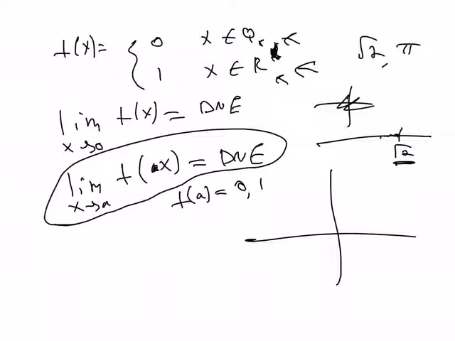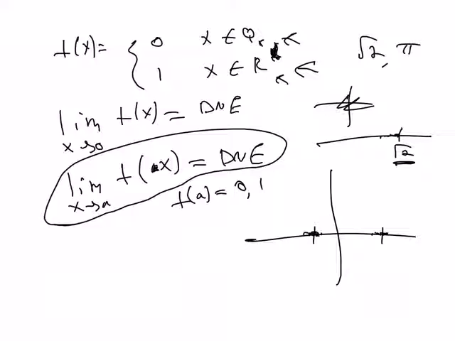So every single rational number and irrational number have a bunch of the other kind around it. If it's a rational number, they have a bunch of irrational numbers around it, and if it's an irrational number, they have a bunch of rational numbers around it.